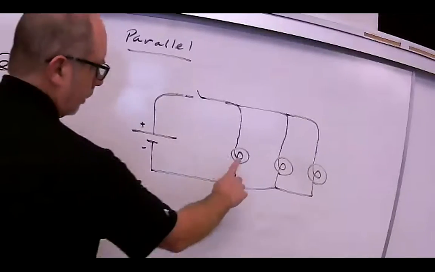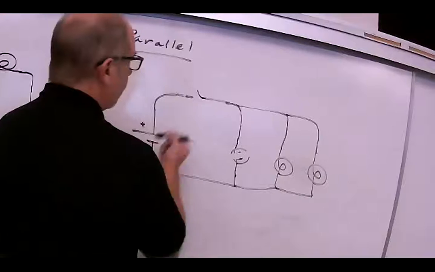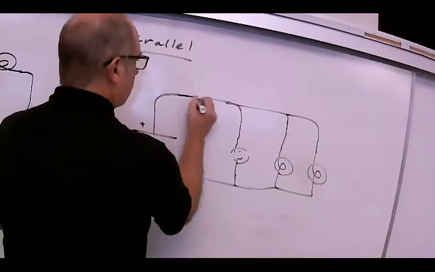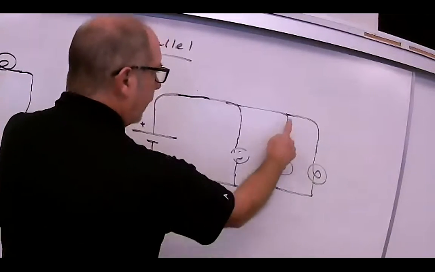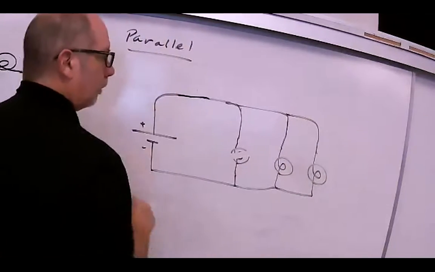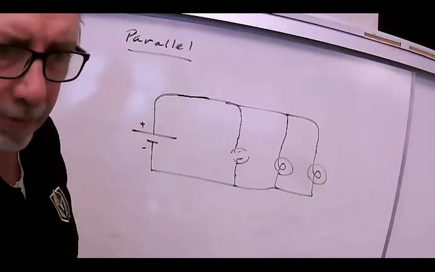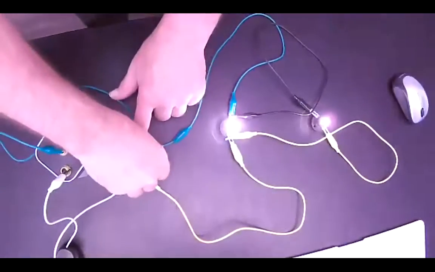Notice when I do that with a closed switch, the electrons still have a way to get around that circuit to the positive terminal. So cutting off one path doesn't cut the entire path off.